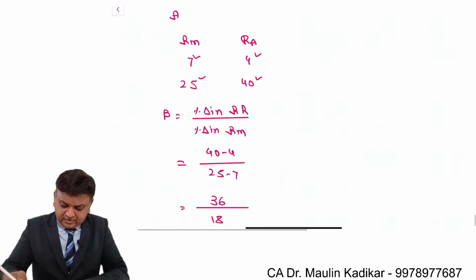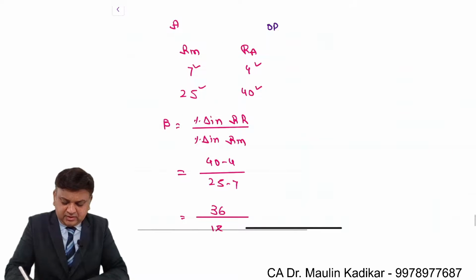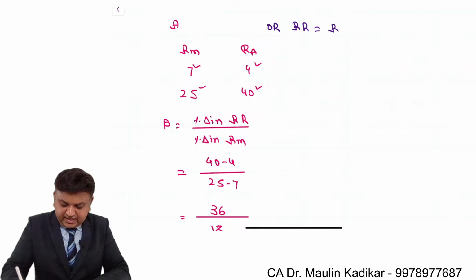At the same time, we can answer with an alternative method, that is, required rate of return is equal to RF plus beta into RM minus RF.